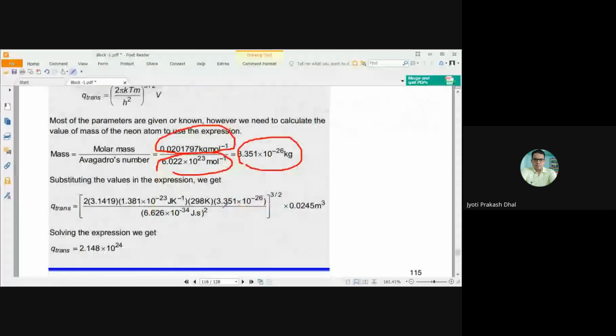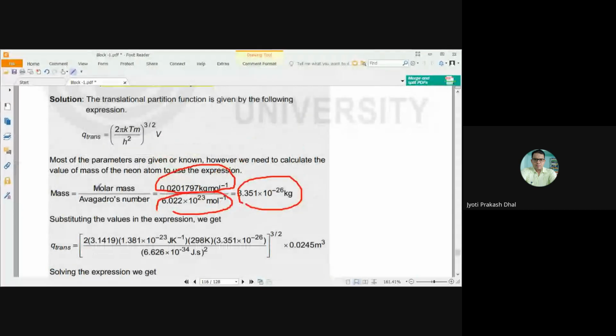Now here we will find out the value of the translational partition function. Q translational equals to this. So here we are putting 2. After that the value of pi. After that the value of K. K means Boltzmann constant. And after that the value of temperature. Temperature here is given in the question, that is 298 Kelvin.